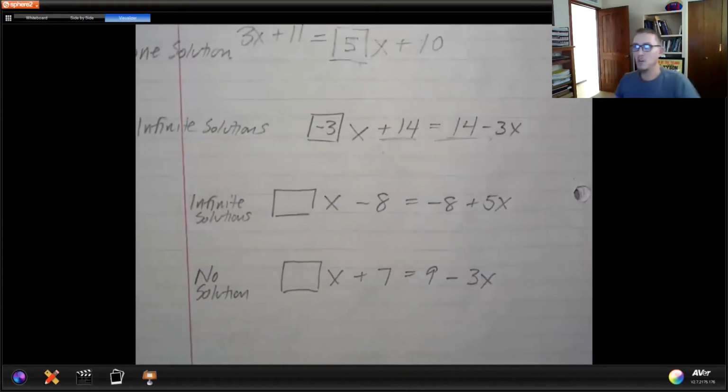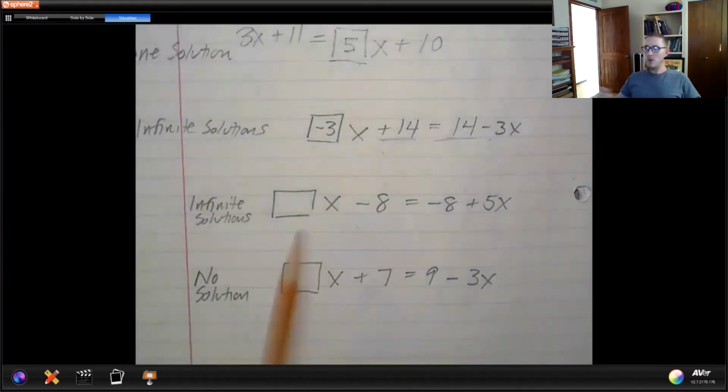Go ahead and pause it here for a moment. Plug a number into that box that will make sure it ends as infinite solutions, and then plug a number into that box that will ensure it's a no solution.